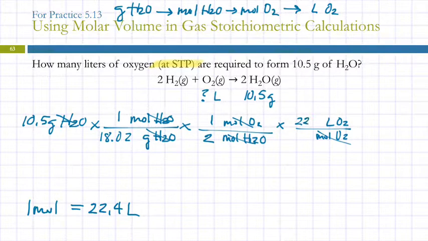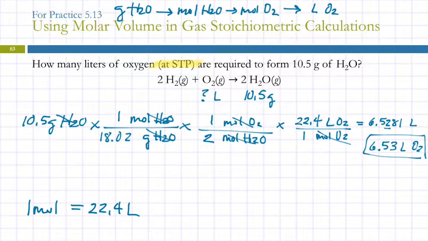So we've got 22.4 on the top and 1 on the bottom. That gives 6.5281 liters, so 6.53 liters of oxygen. Any questions?